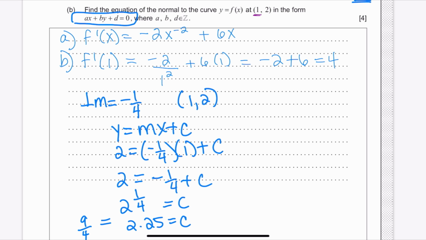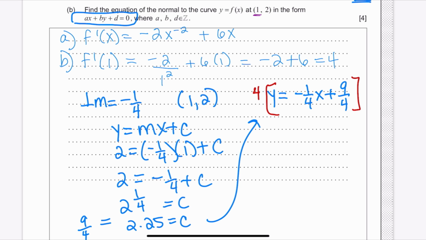In order for you to write the equation now, basically I get y is equal to negative 1/4 x plus 9/4. But in standard form, I'm going to have to multiply everything by the least common denominator, which is 4, because you can't have any fractions. You can't have an x that is negative, and all of it has to be set equal to 0.